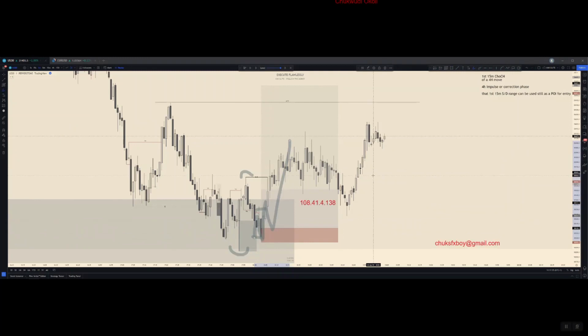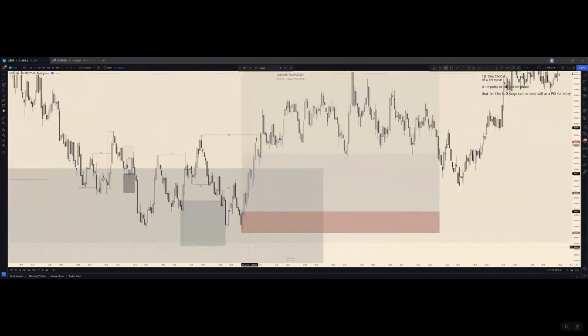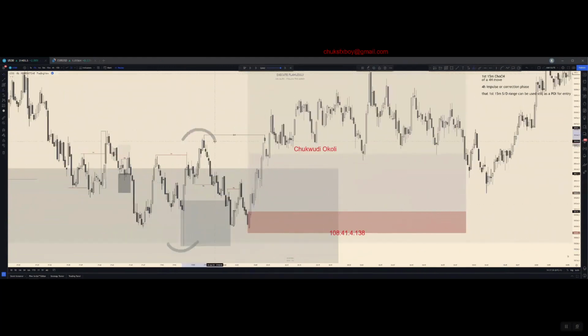Yeah, that's it. And what about entering on 15 seconds using internal chops? Well, obviously 15-second is always going to be internal, isn't it? Like this was your 1 minute and 15-second is like this. So it's always going to be internal to the 1 minute. You see?